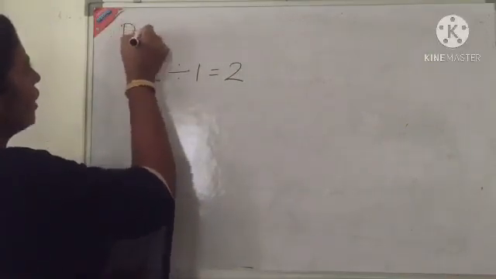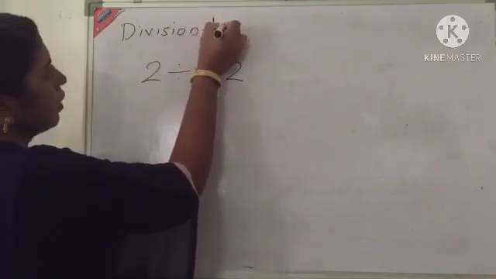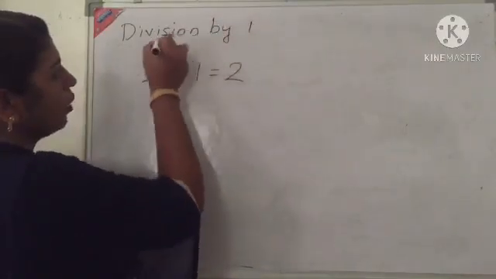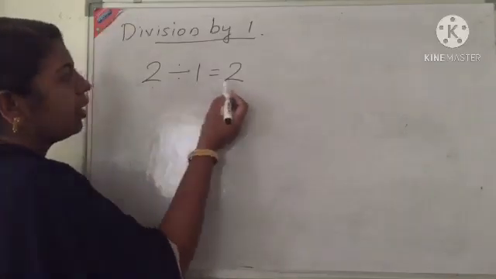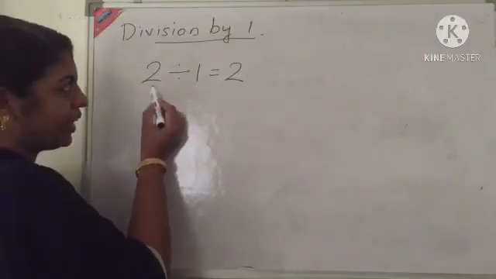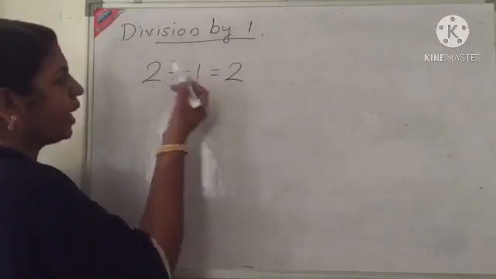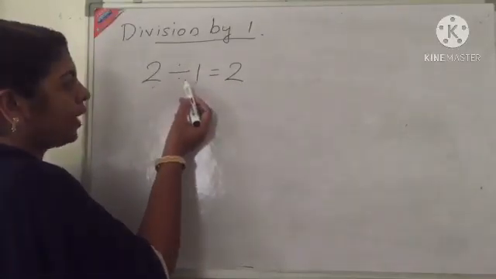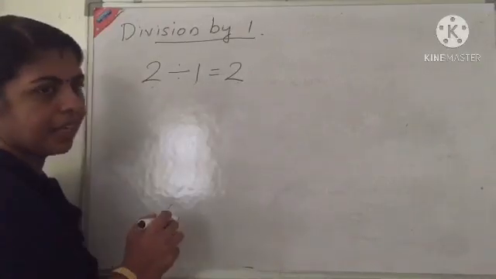It's a division by 1. A number divided by 1 equals the same number. Here is the dividend, the divisor and the quotient.